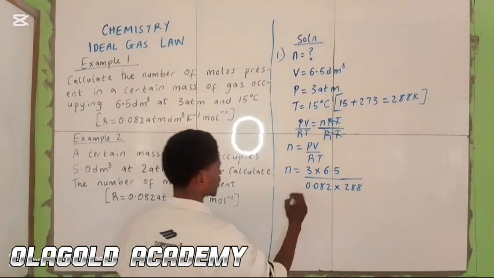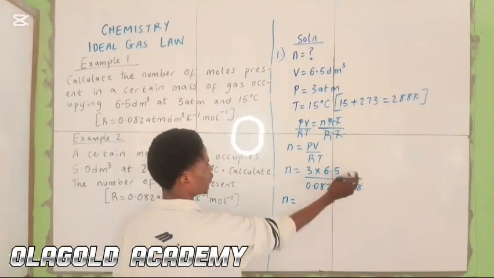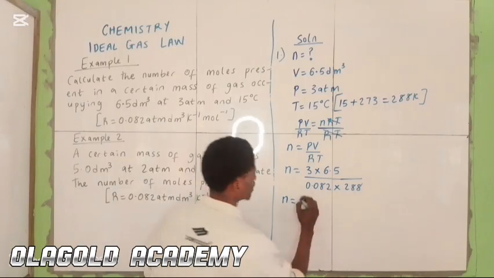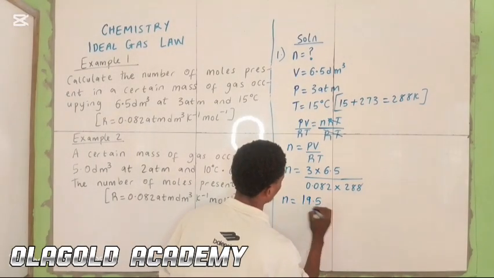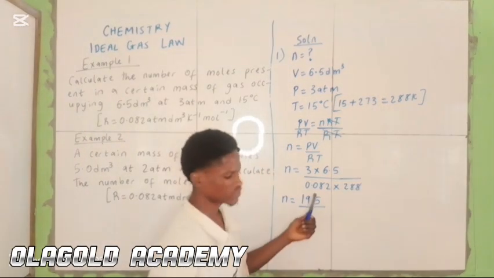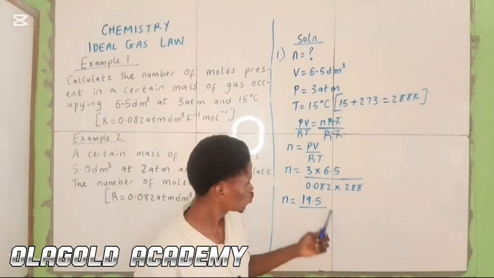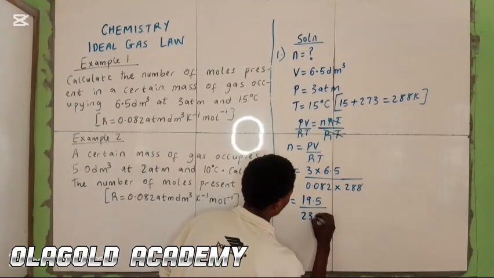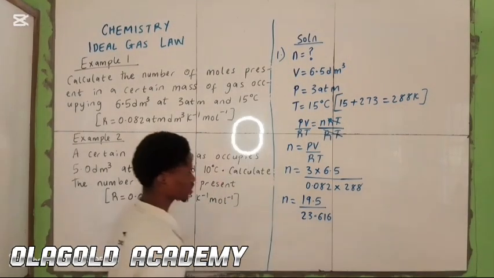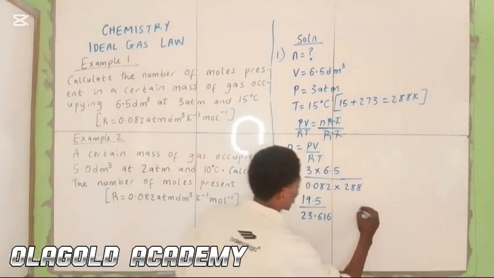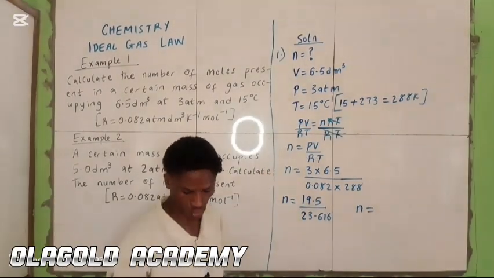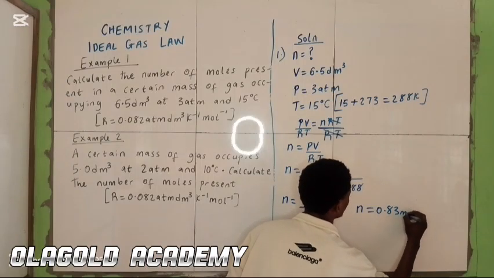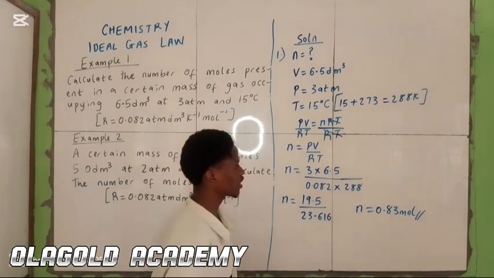When we multiply 3 times 6.5, we get 19.5 all over 0.082 times 288, which is 23.616. When we divide further, our number of moles will be equal to 0.83 mole. This is our final answer.